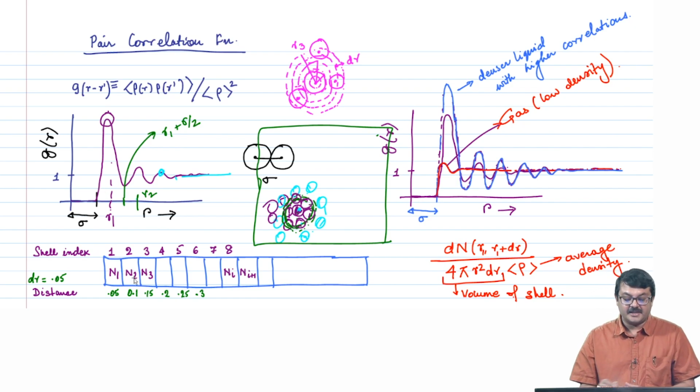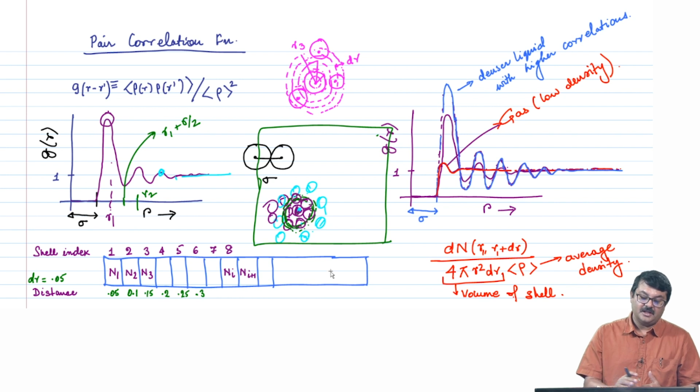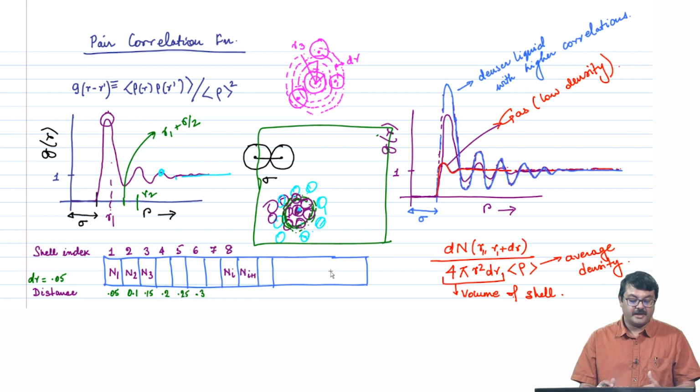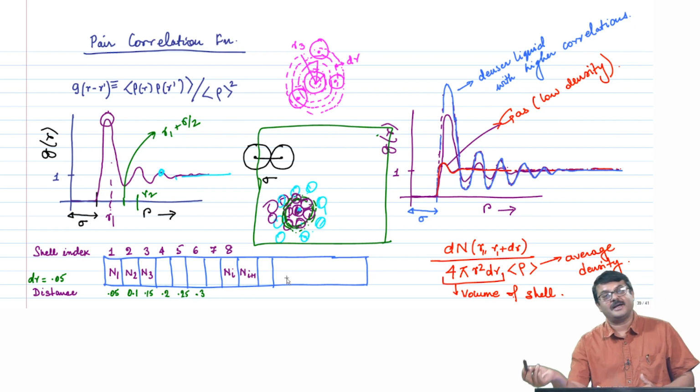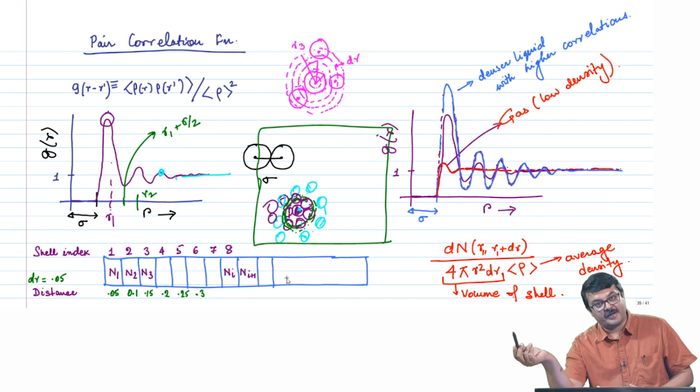Now, you have to calculate this array for each particle, then you have to average. There should be another array which you call average g of r, and there you add all these numbers for another particle, and so on for every particle.